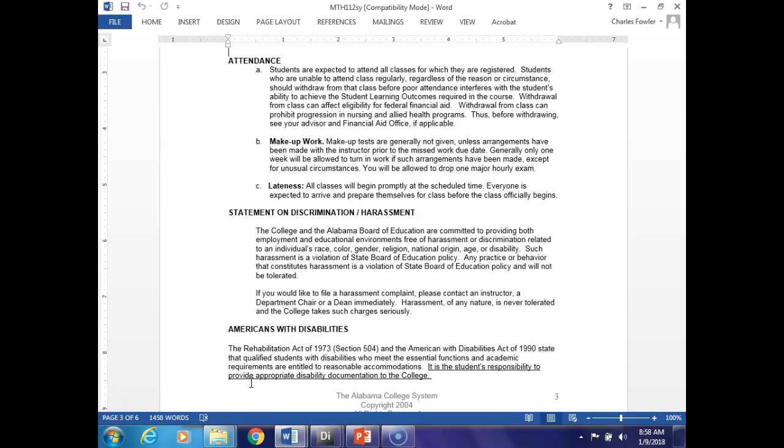Makeup work. Makeup tests, and I didn't write this. Makeup tests are generally not given, I put in this part, unless arrangements have been made with the instructor prior to the missed workday. Let's say that one of you is in National Guard or reserves or something like that, and you've got a training coming up, and it happens to be when we're going to have a test.